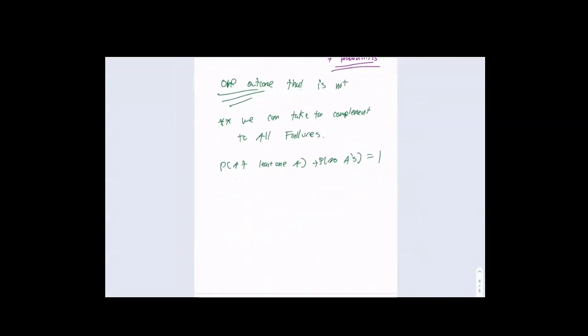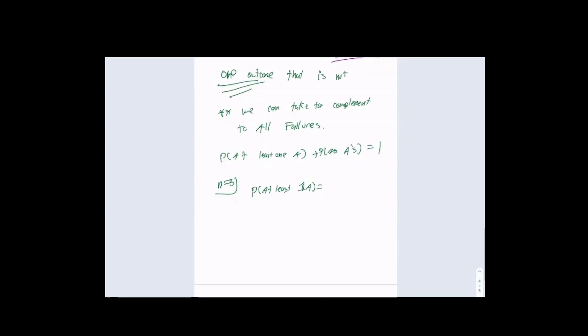And that means that for n equals 3, the probability of at least one A is equal to 1 minus the probability of no A's, which is 1 minus the probability of not A to the third power.